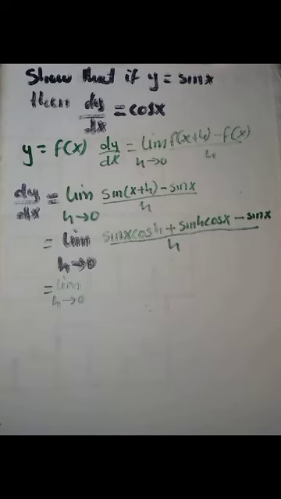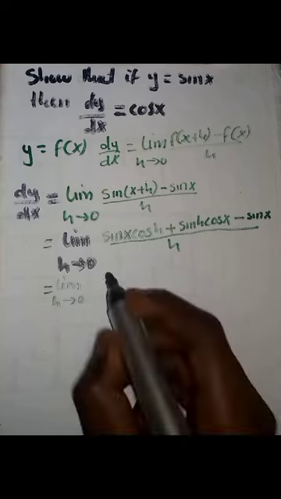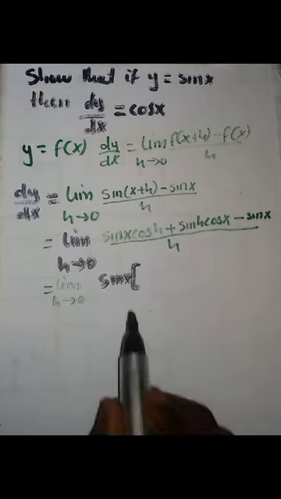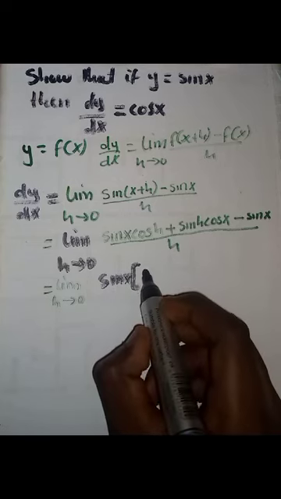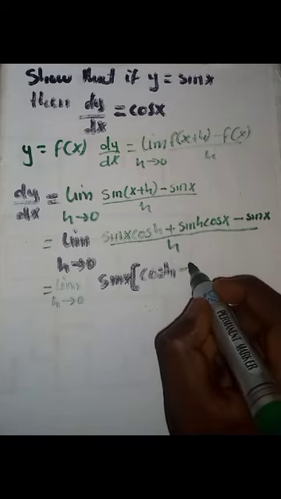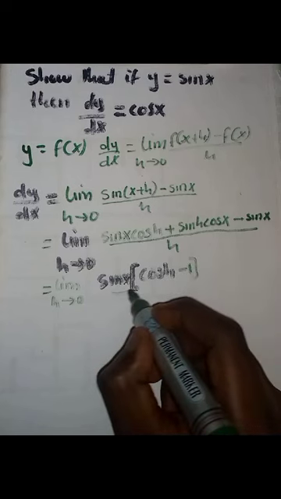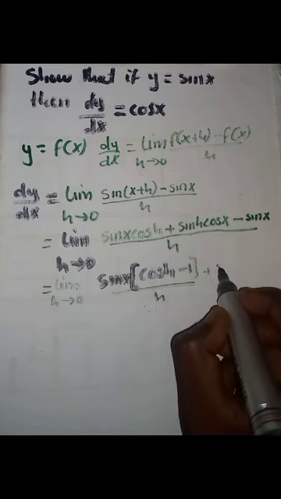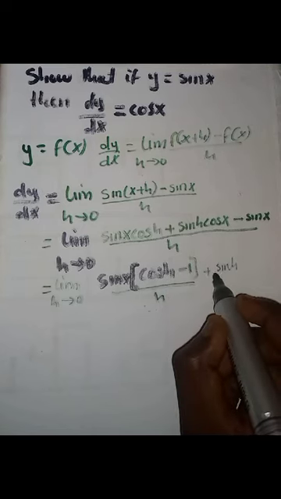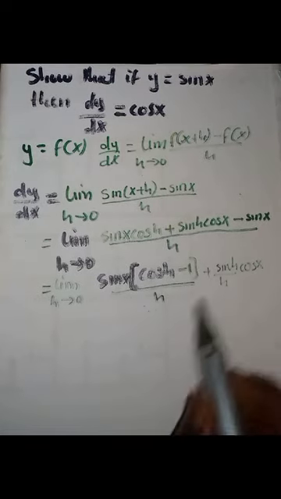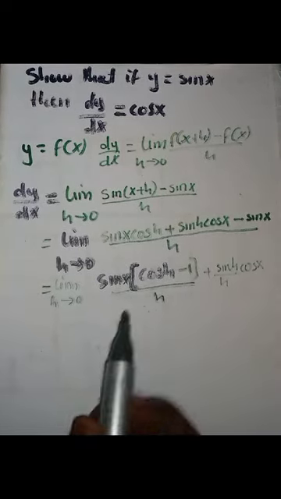If I factor out the sine x, I am simply going to have sine of x times cosine of h minus 1, all over h, plus sine of h over h, times cosine of x. Good.